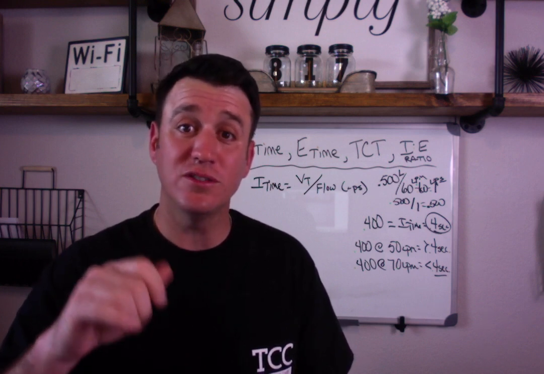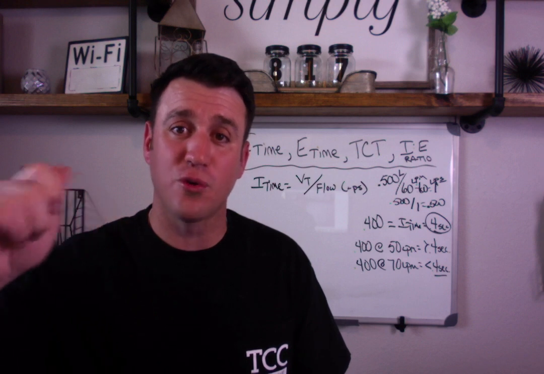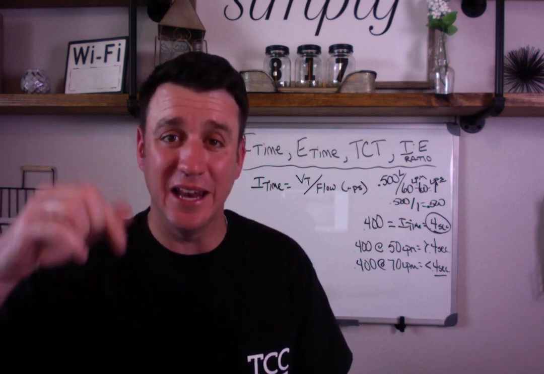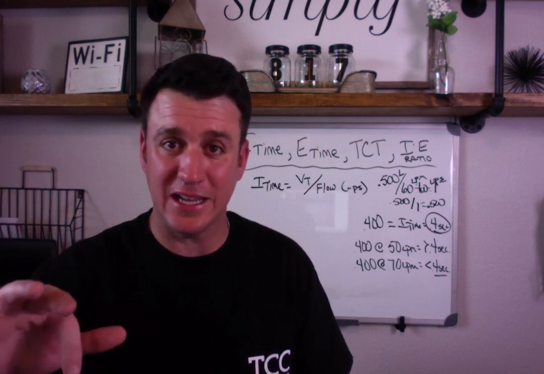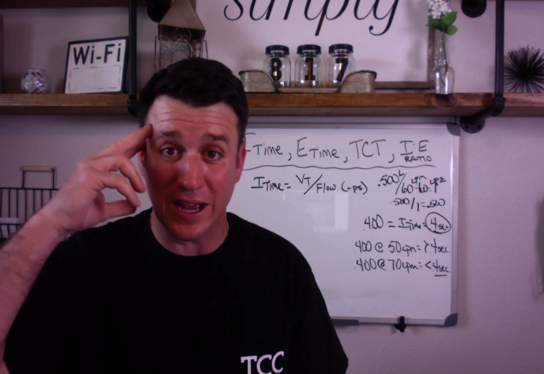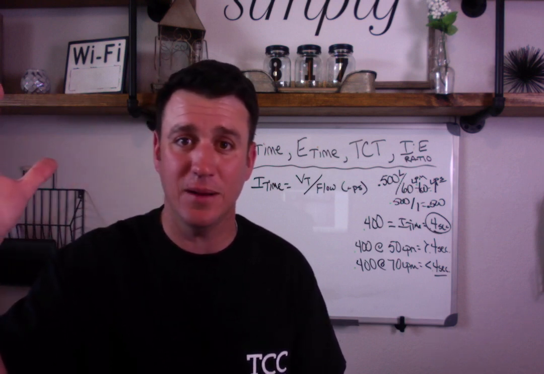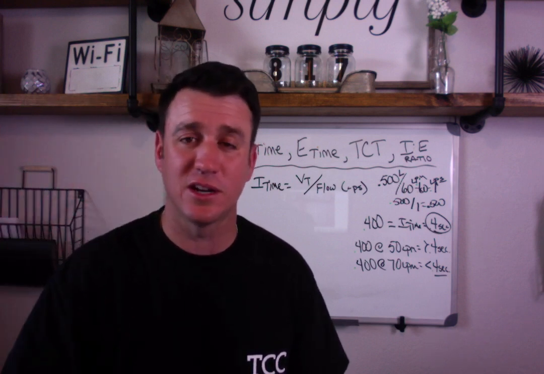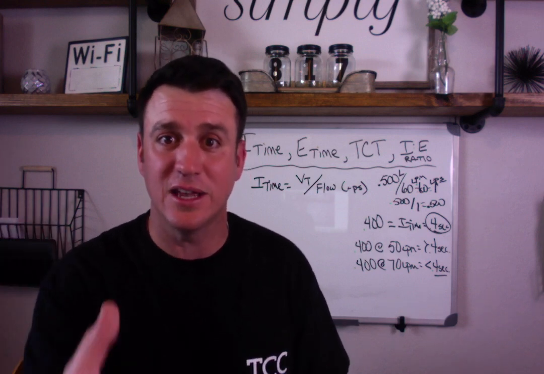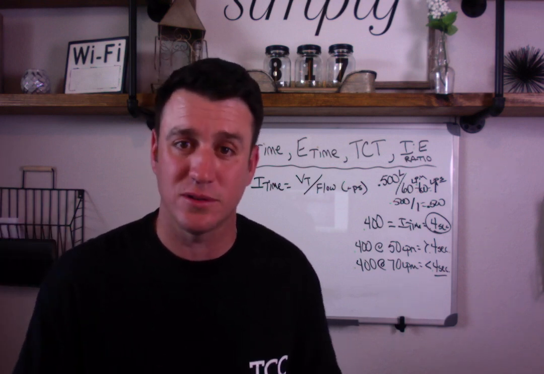But you're on 70, which means your flow is greater than 60, which means your I time is going to be less than 0.6. You can probably eliminate 2 to 3 answers just with that rational thinking. You're going to say, oh, I can eliminate all of these except for this. This must be the answer.